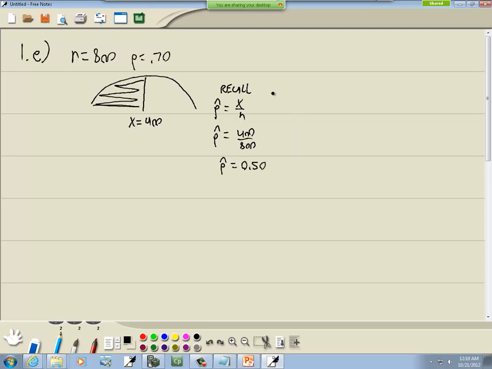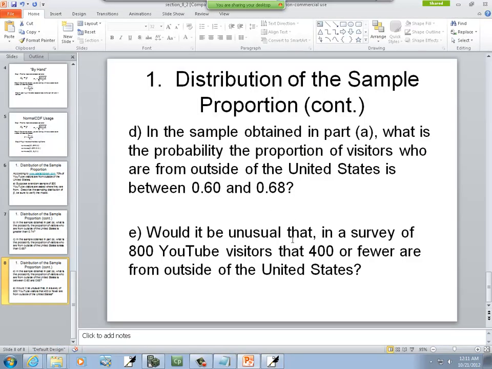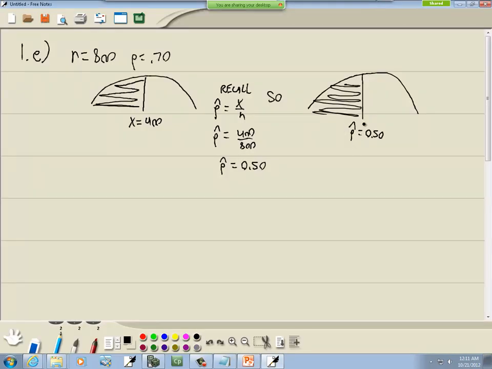So what they're really saying is this picture changes to what we have been working with. They're saying x is less than or equal to 400, which will be p hat less than or equal to 0.50. Let's go through our steps.